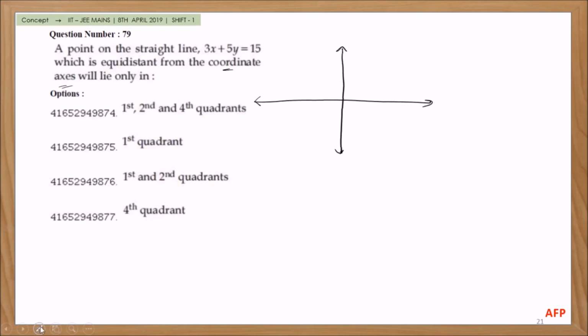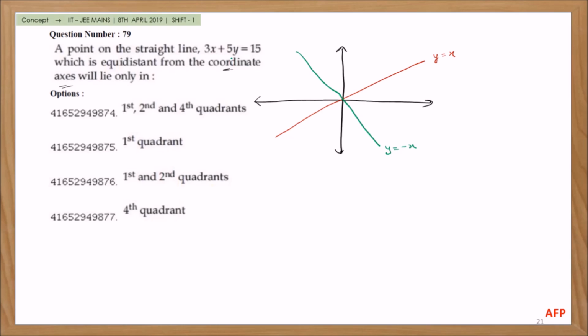If I draw a line here, whichever point lies on this line will be equidistant from the coordinate axes, and one more line, whichever point lies on this line is also equidistant. So any points lying on these two lines will be equidistant from the coordinate axes.